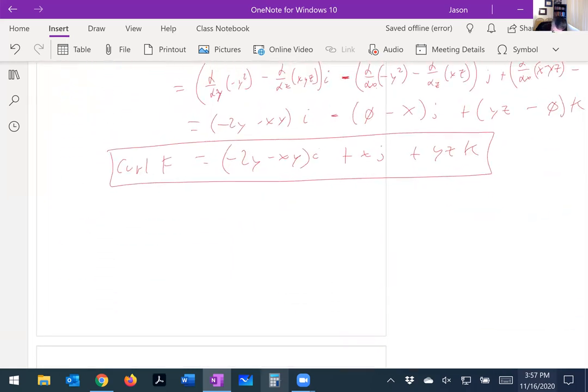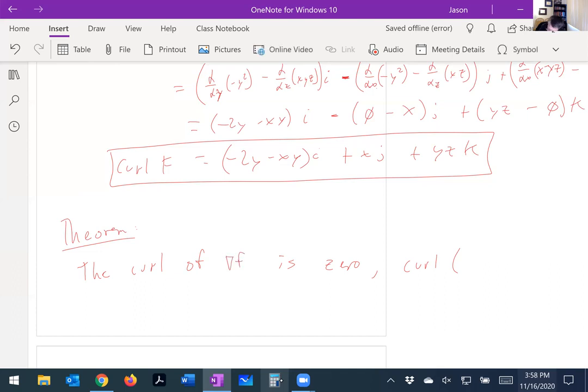Now, theorem. The curl of F is 0. No, it's not F, it's del f, sorry.